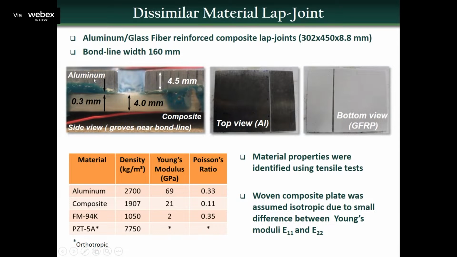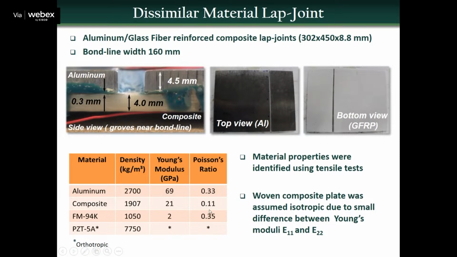It shows you the aluminum layer and also the composite, the glass fiber composite layer, with the dimensions shown here, and you can also see the glue in between. The bond line width is 160 millimeters. The top view and bottom view are shown here with aluminum on the top and GFRP on the bottom.